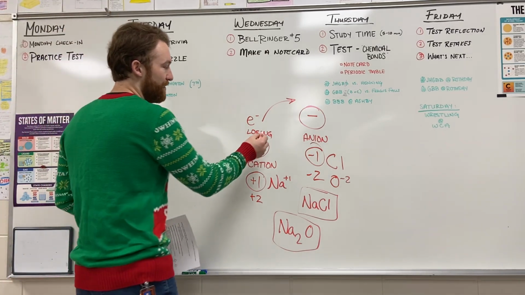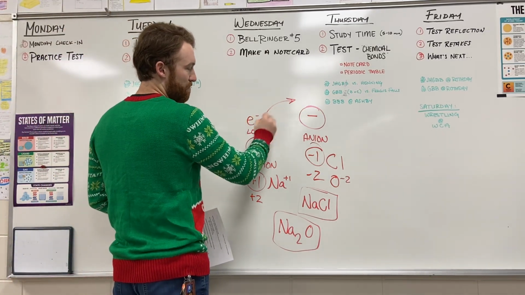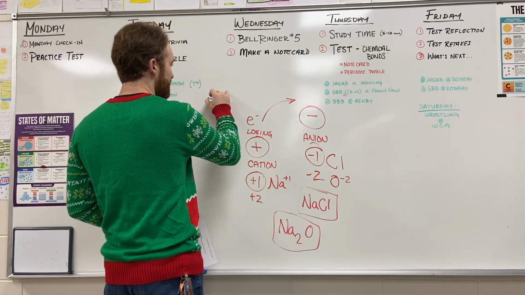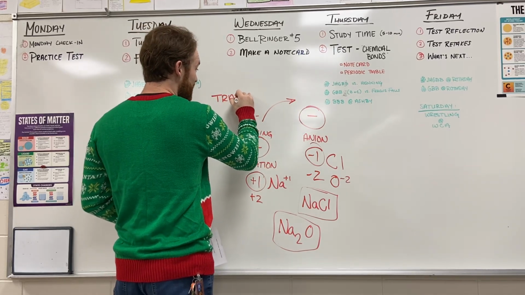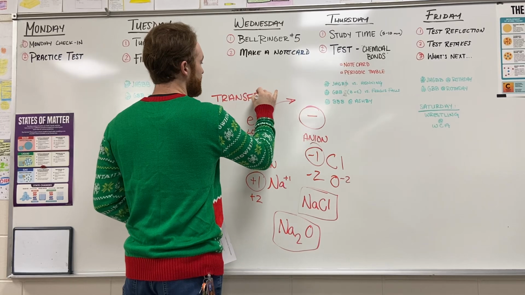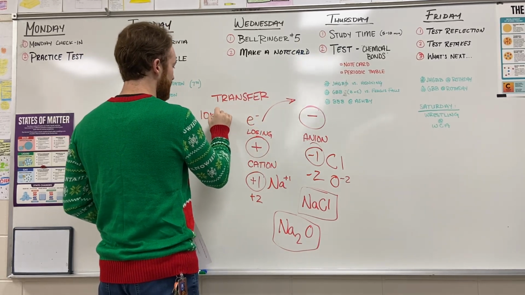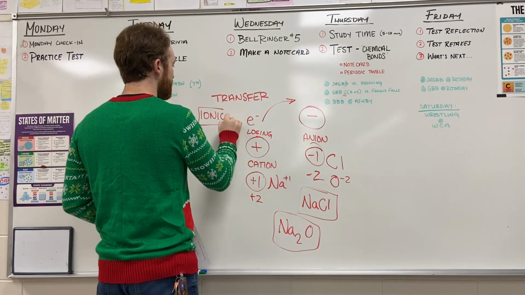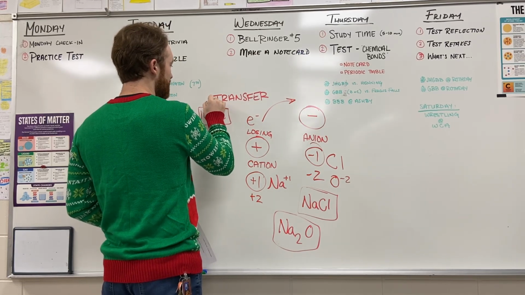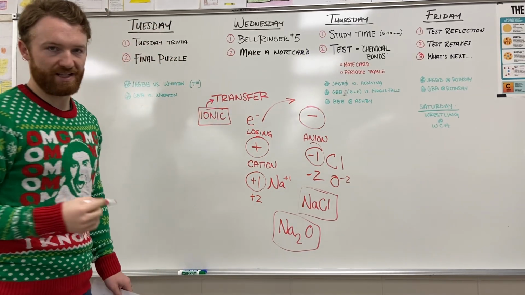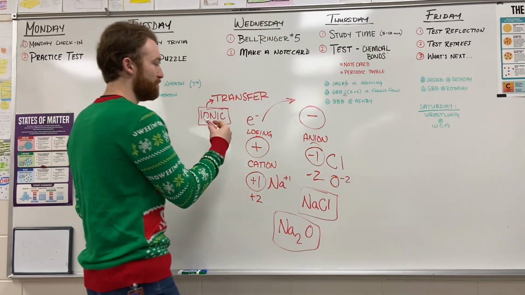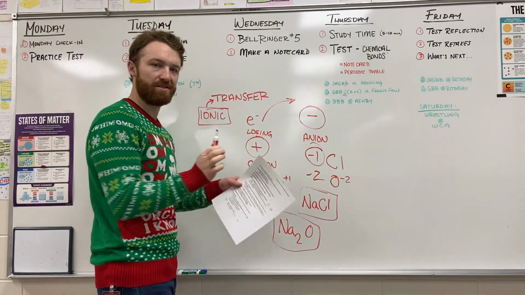And kind of the whole thing that started that was that electron moving over, or the electron transferring. Whenever you see the word transfer, that is dealing with an ionic compound, okay? Ionic compounds deal with a transfer of that electron. So one becomes positive, one becomes negative, opposites attract.